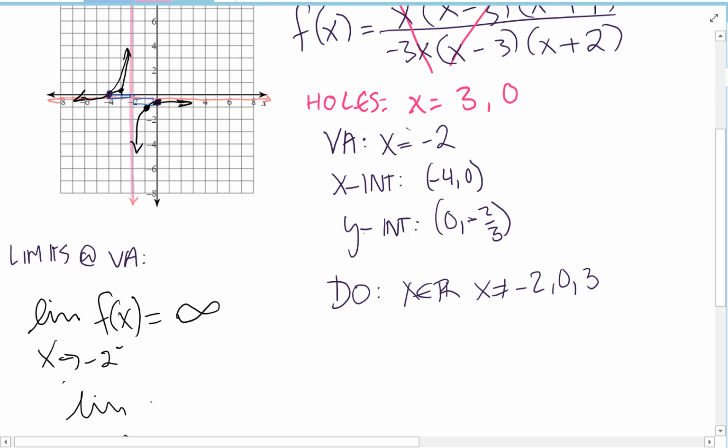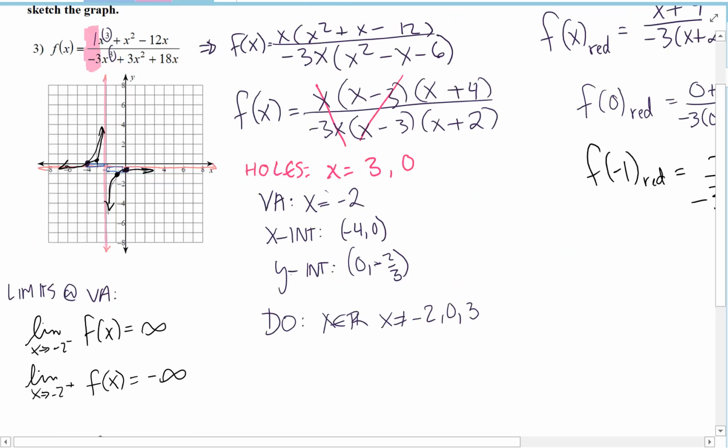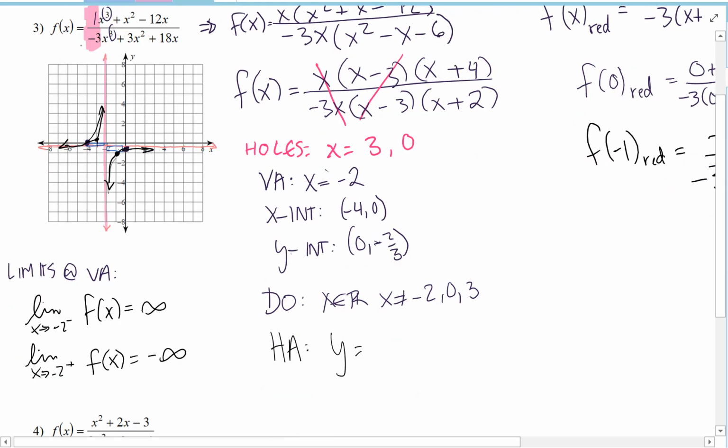But as we take the limit of f of x as x approaches -2 from the right, we are going down toward -infinity. We have that horizontal asymptote drawn. I want to also write it down. We found out that it is -1/3, coefficient over coefficient because the degrees are the same. So -1/3.